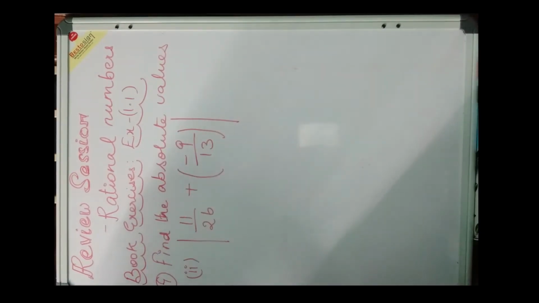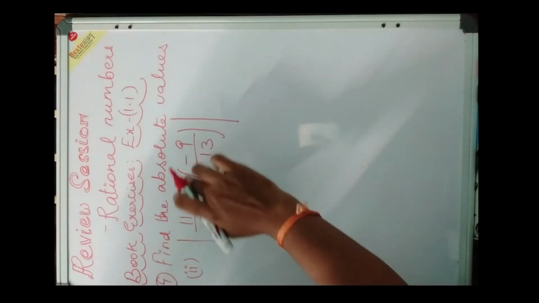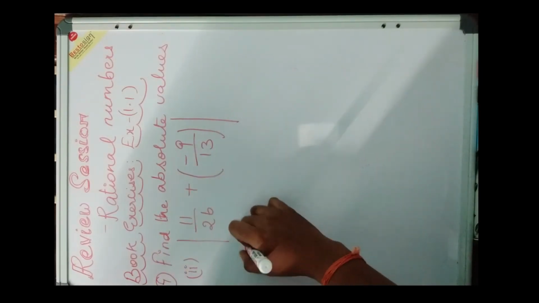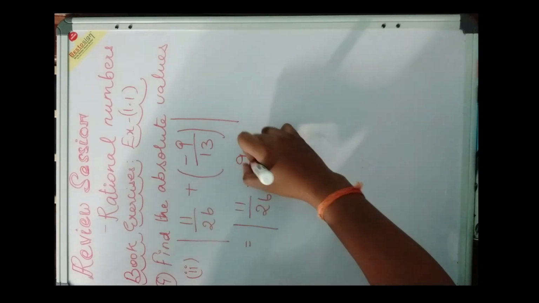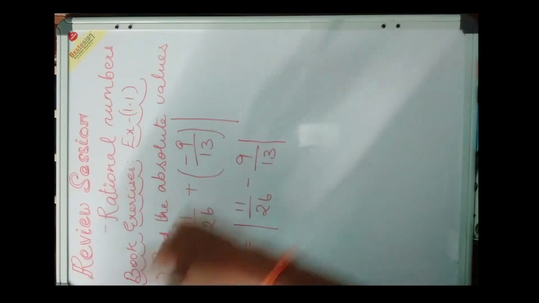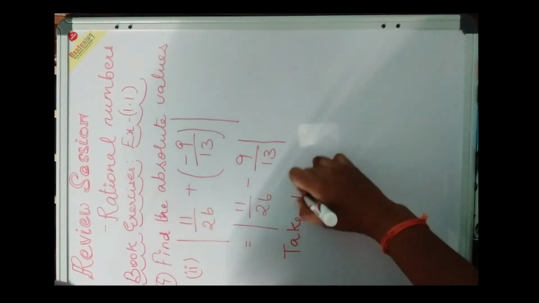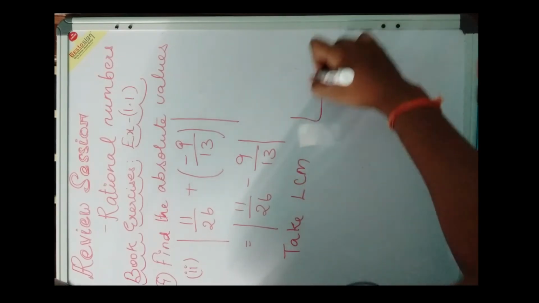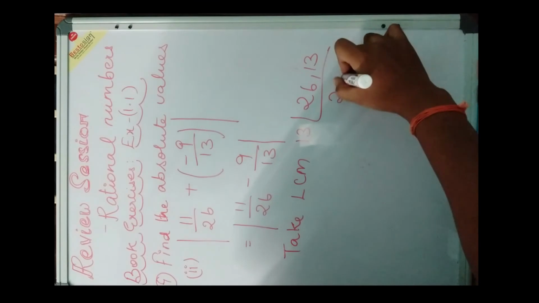Let's go to the next sum. Here you have plus and minus. So plus into minus is nothing but minus. So 11 by 26 minus 9 by 13. Here we need to take the LCM. If you take the LCM of 26 and 13, 13 2s are 26.